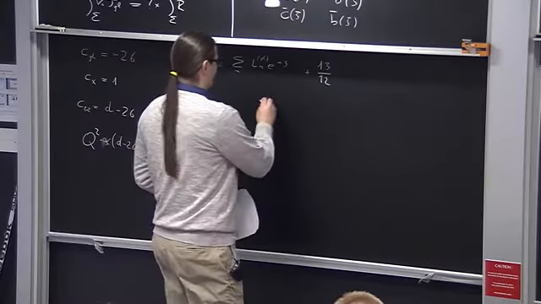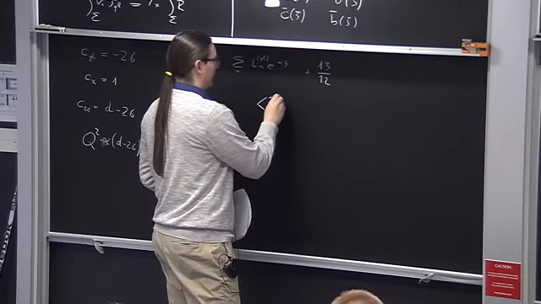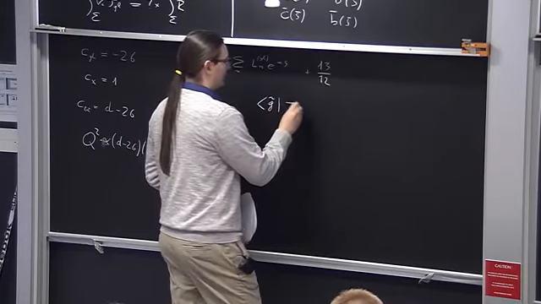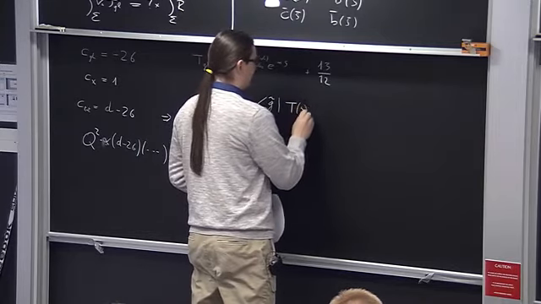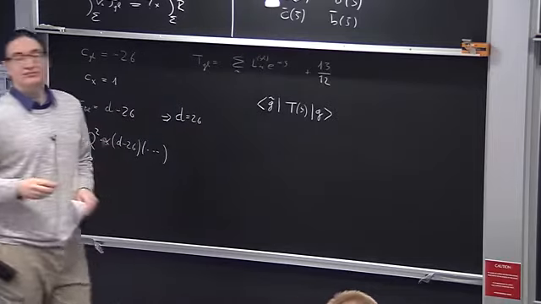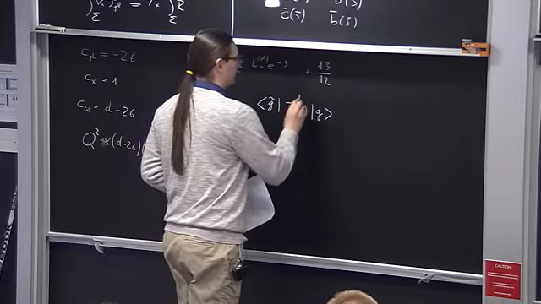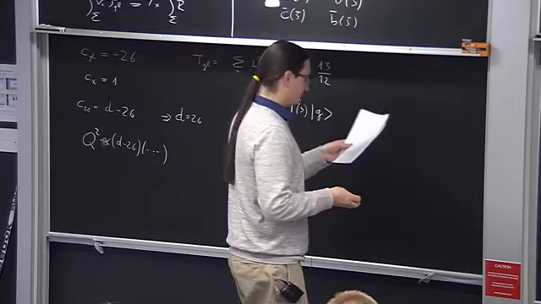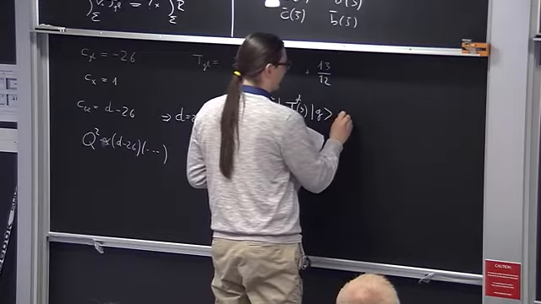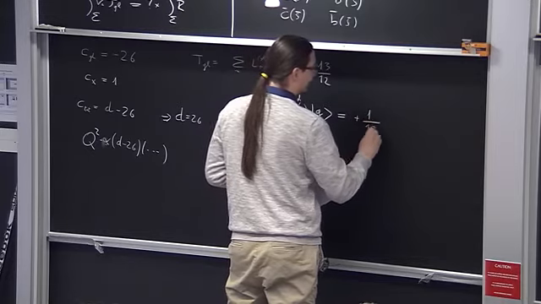The second observation is that when you sandwich your stress tensor between G and G tilde, the stress tensor for the ghosts, you get plus 1 over 12.